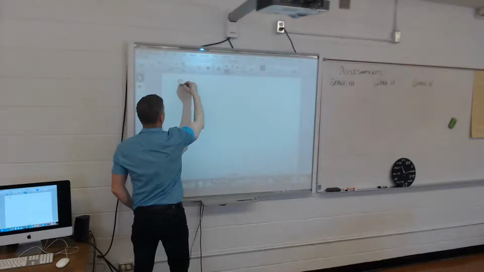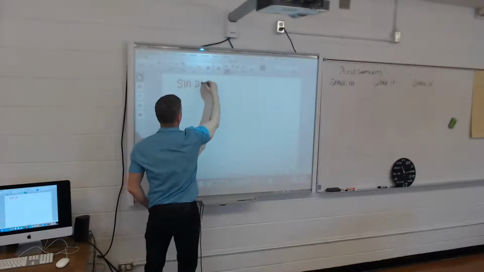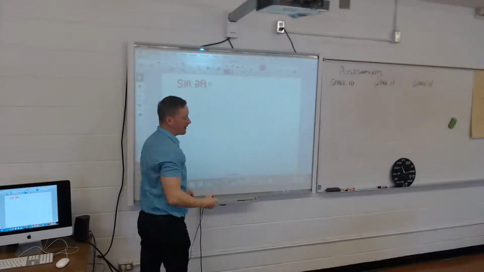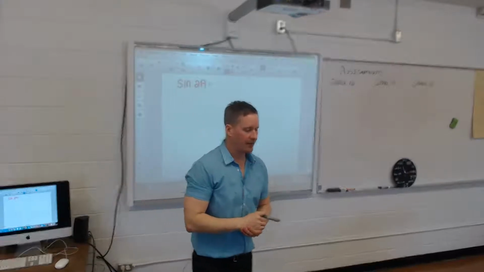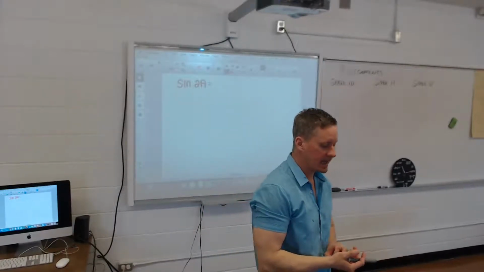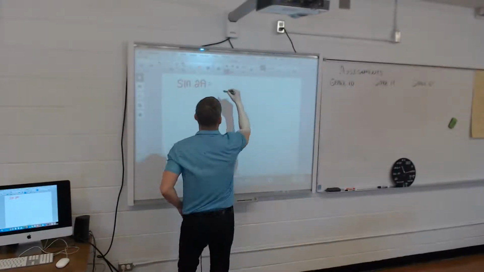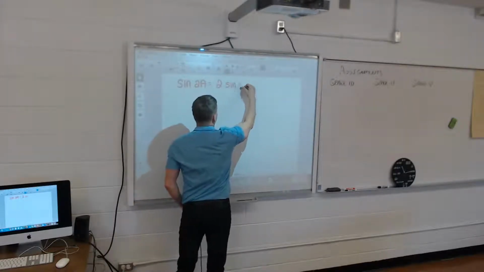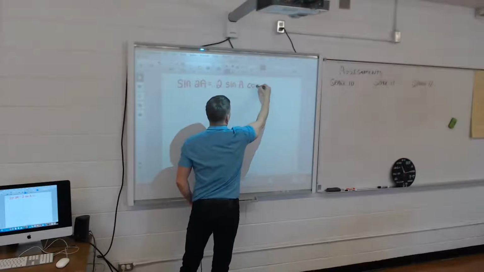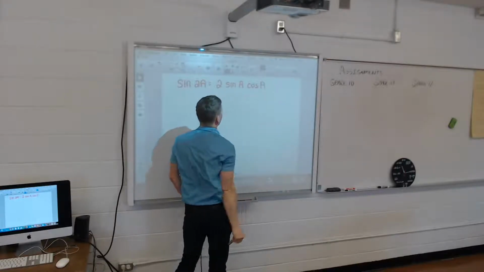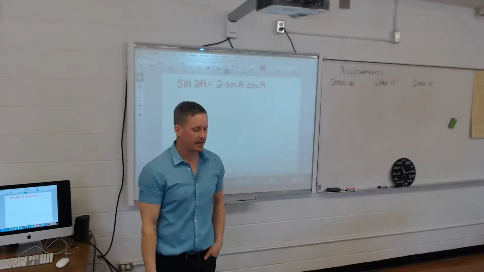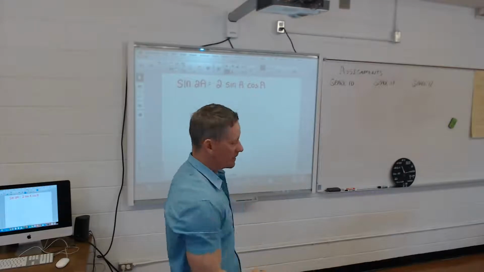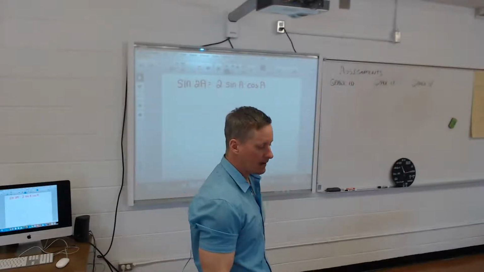So for example, if I have an angle A, if I take the sine of twice that angle, that is the same as 2 times sine A cos A. This is what we call a double angle identity. Those give me the exact same value.